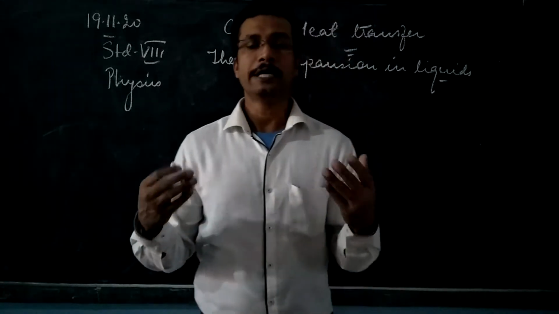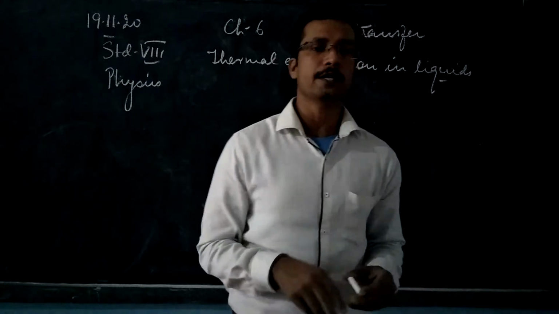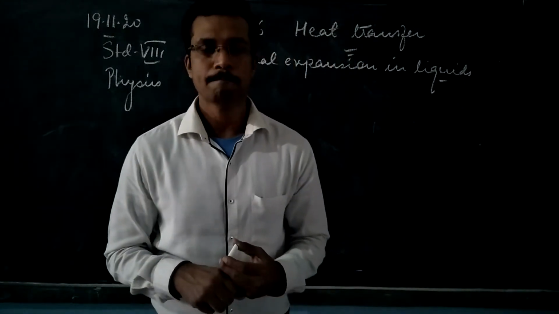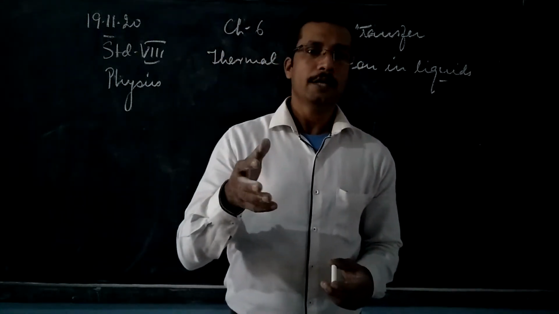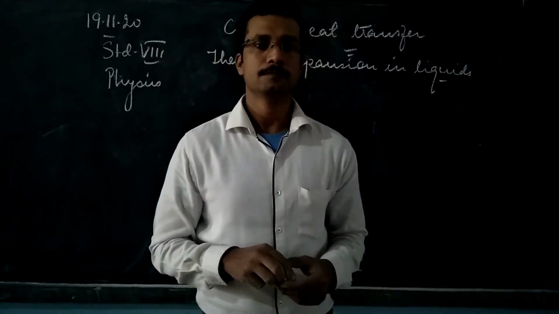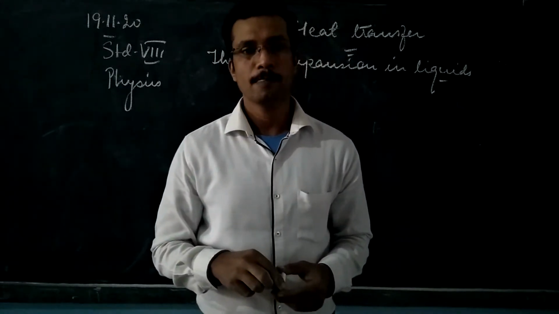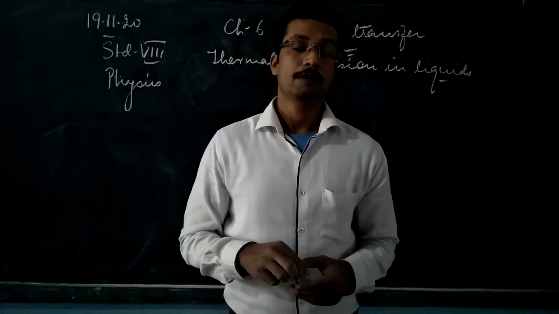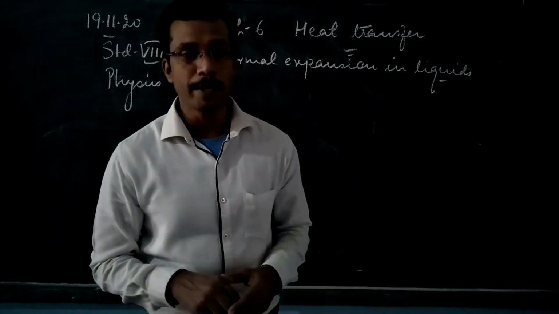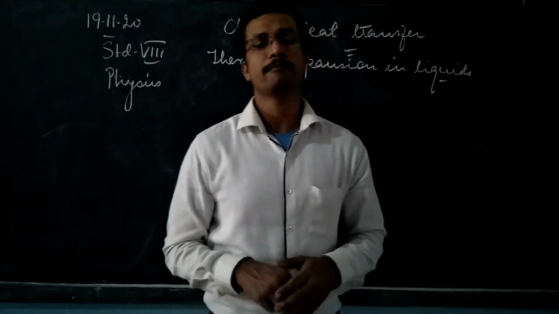So when the bulb of the thermometer absorbs the heat of the body, the mercury absorbs the heat and begins to rise. This rising of the mercury can easily be noticed, and it is a kind of experiment, you can say, which shows there is thermal expansion in liquids also.